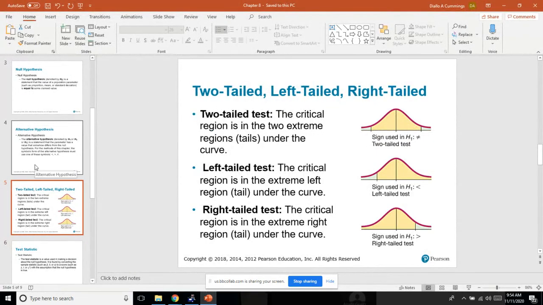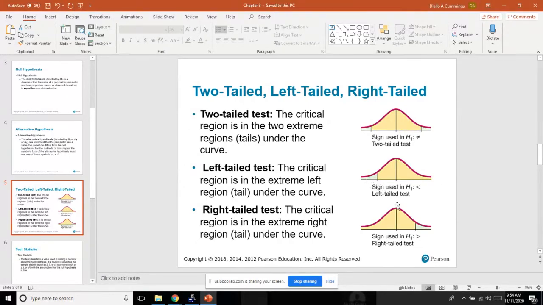Now, as far as your tests are concerned, you have a two-tailed test. You can have a left-tailed test or a right-tailed test. For a two-tailed test, the critical region is in the two extreme regions under the curve. So if I'm using a two-tailed test, my critical regions would be the gray area. For a left-tailed test, the critical region is in the extreme left of my curve.